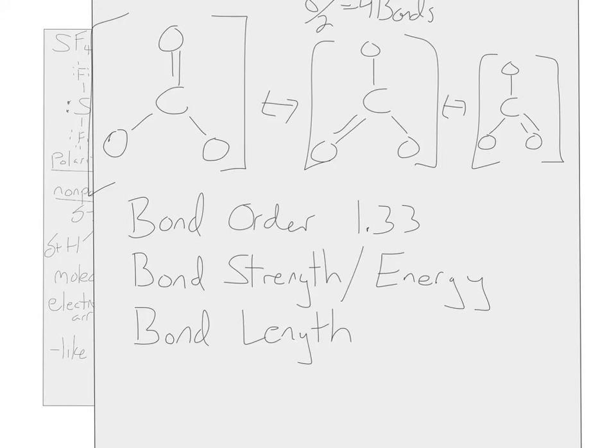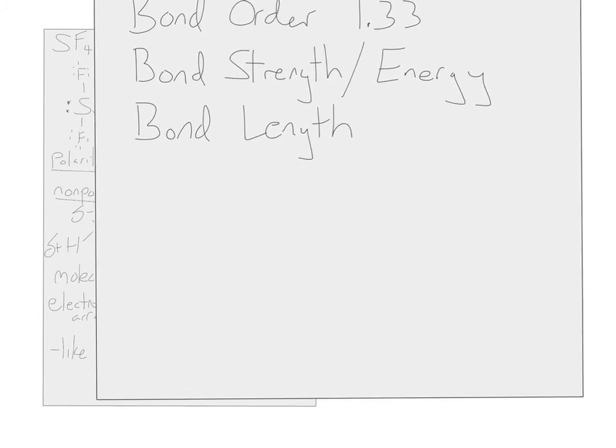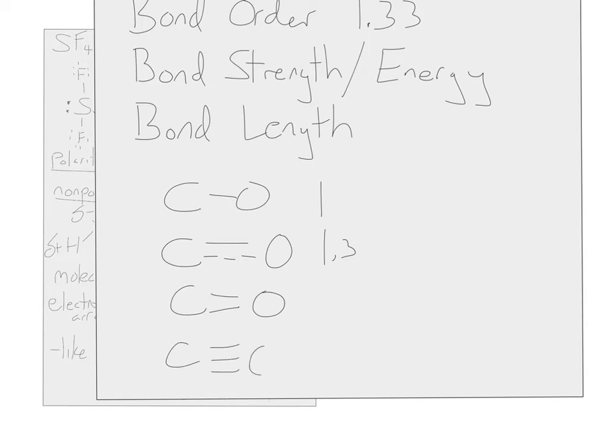And then the other one we have is length. So when we're comparing the length, we can actually see that our single bond, that's our bond order of 1. And then we have our carbonate bond, which is our 1 1/3. We just kind of use dash lines there for like a partial. And then carbon dioxide has those double bonds. Carbon monoxide has triple bonds. So we can actually see that the carbonate bond that we're working with here, that 1.3 bond, is actually in the middle of these.